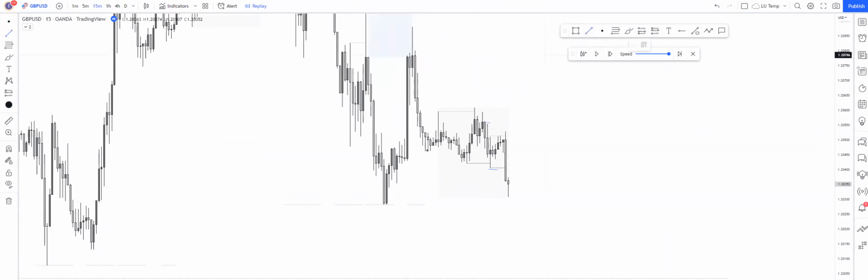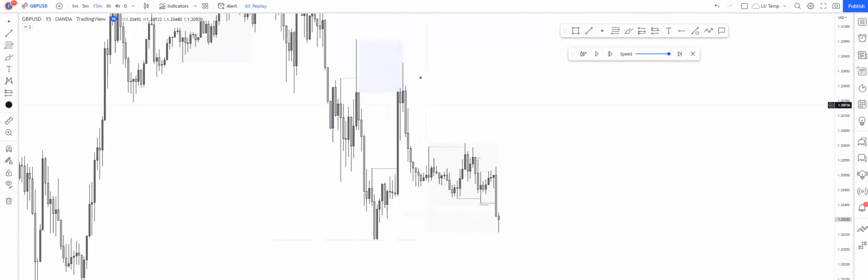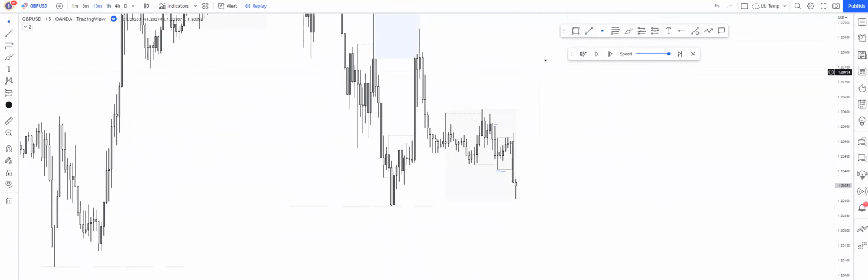So this is a QM. Right there, there's a high and low. So this is liquidity. There's a 3 corner formation here, so that's obvious liquidity. So I just added it here.